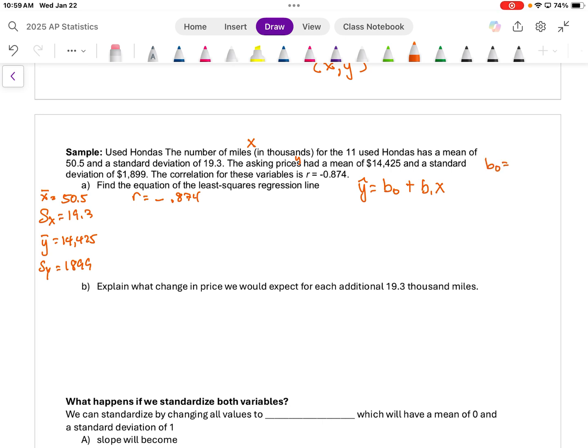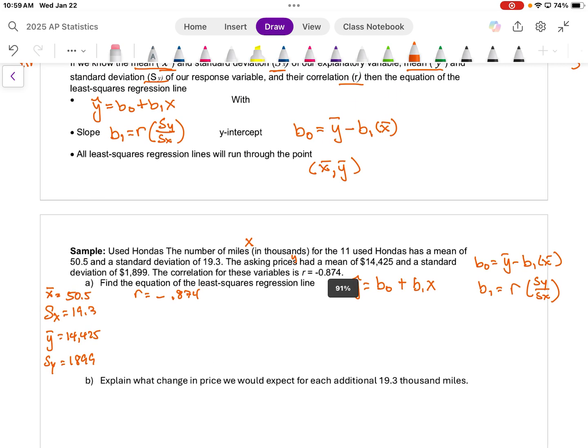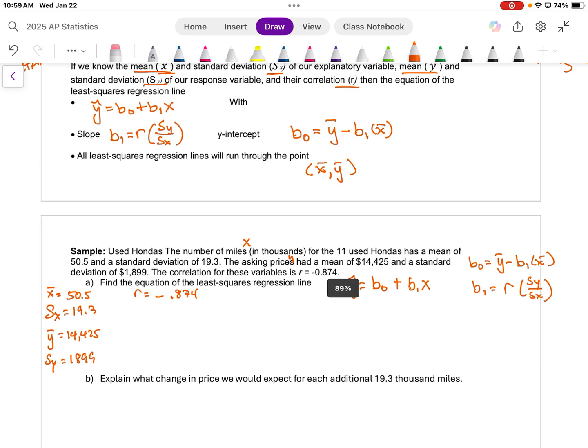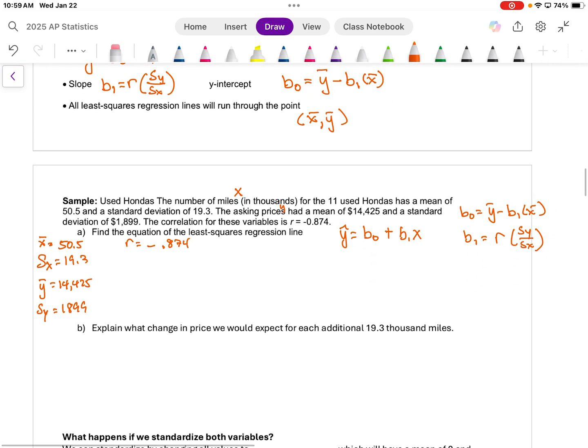That was y bar minus the slope times x bar. And b sub 1 was the r value times s sub y over s sub x. How did I do? I did pretty good on memorizing that.